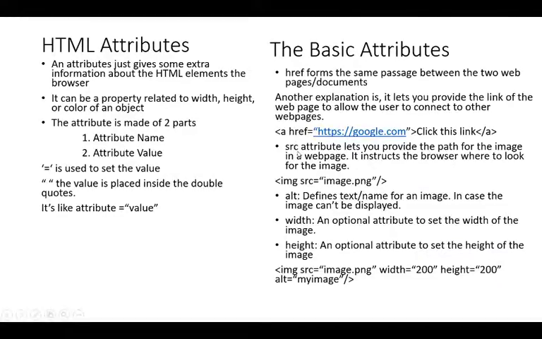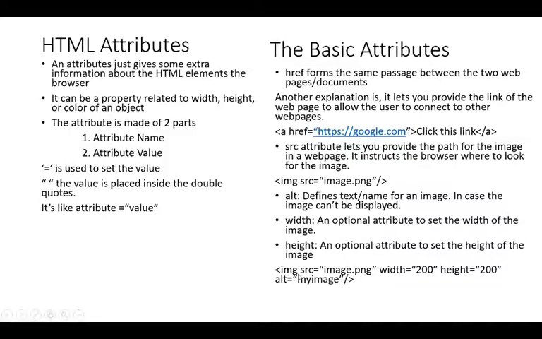It usually goes along with the image tag like we see here, and alt is used to define a text or name for an image in case the image can't be displayed. The width is an optional attribute to set the width of the image. The height attribute is another way to set the height of the image. It is an optional way to design your image.